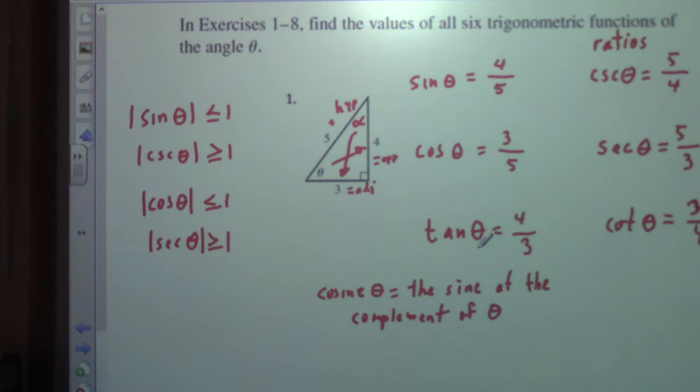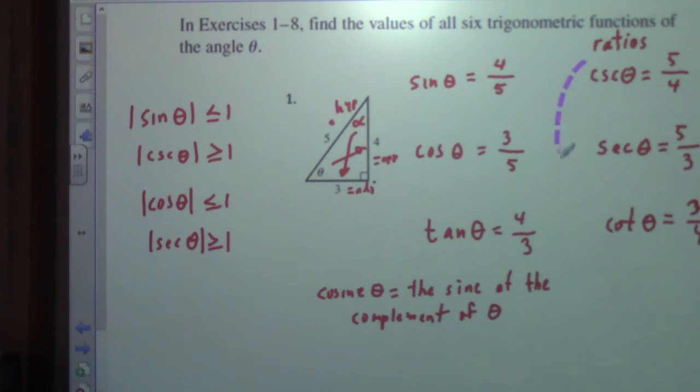Okay, so cosine is the sine of the complement of that angle. So why is cotangent the tangent of the complement? I thought it was just like the three original ones. Yeah, I'd like to consider these separately.